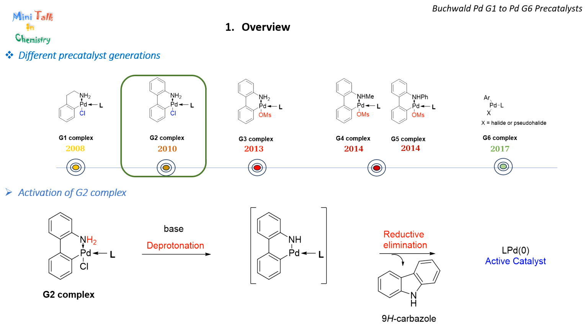This high acidity allows deprotonation in the presence of a weaker base at room temperature. This activation is followed by a C-N reductive elimination to give 9H-carbazole and the palladium zero active species.